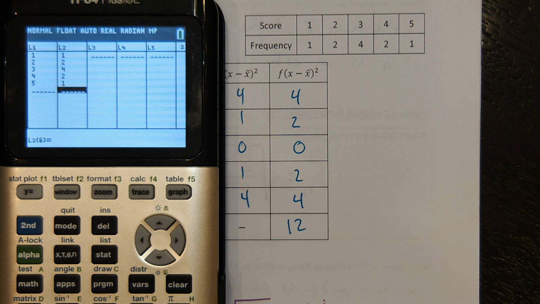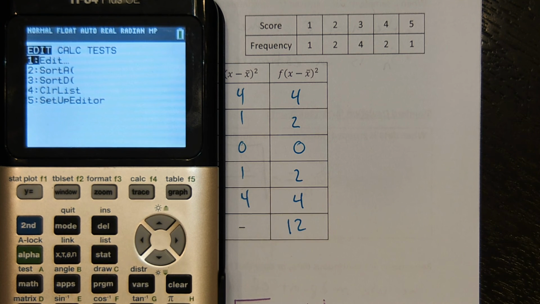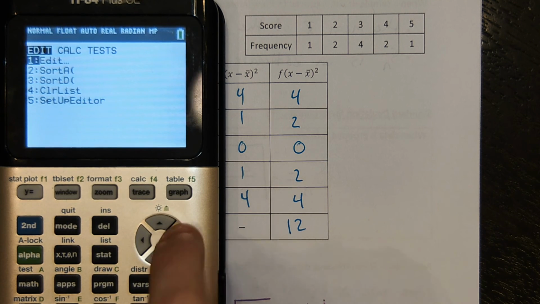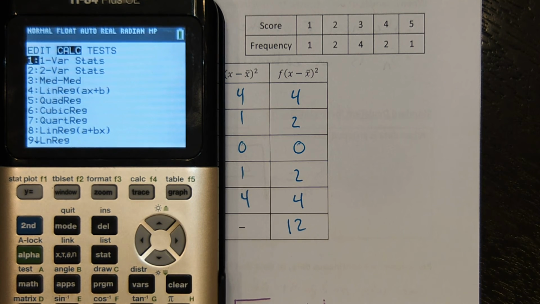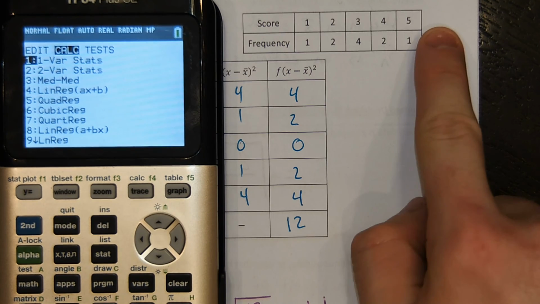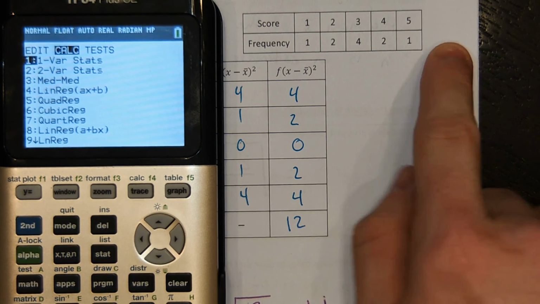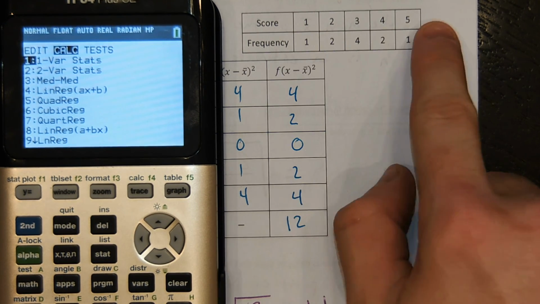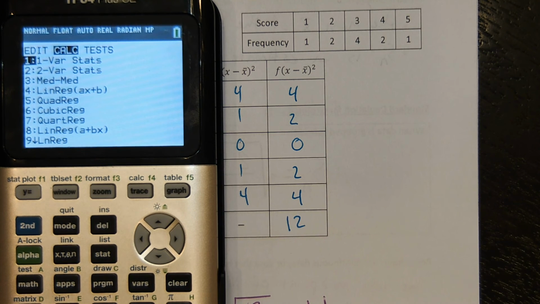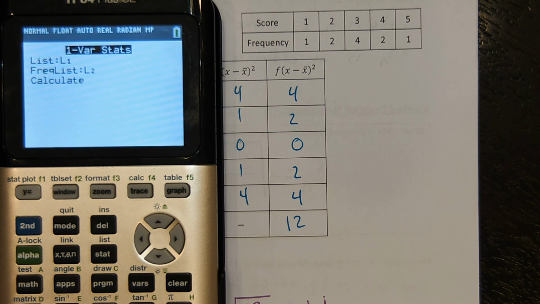We're going to ask it to perform some calculations for us. So we go back to stat and ask it to calculate some stuff. This is a one variable statistic, meaning there was just a score. The frequency is not a variable; it's just how many times that score happened. So there was a single variable, scores. So we highlight one variable statistics.